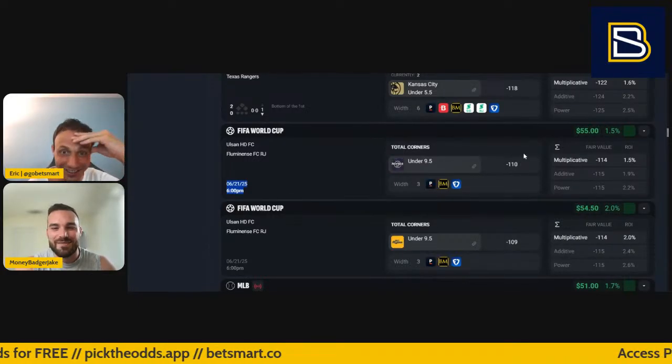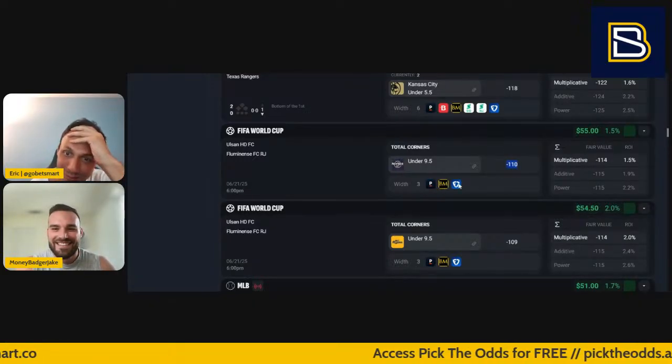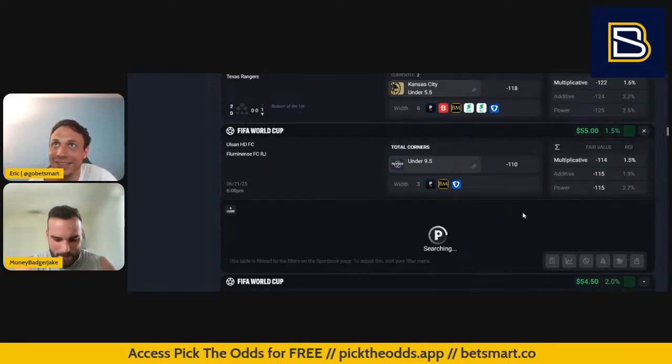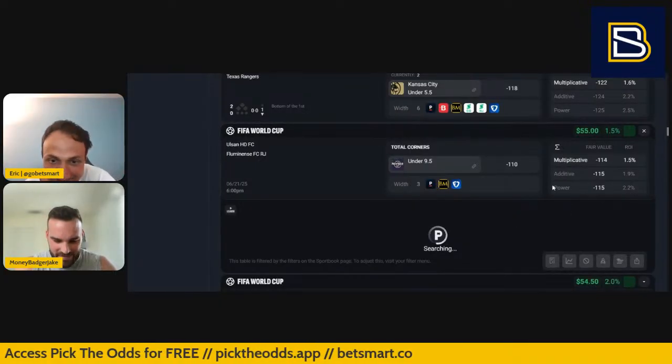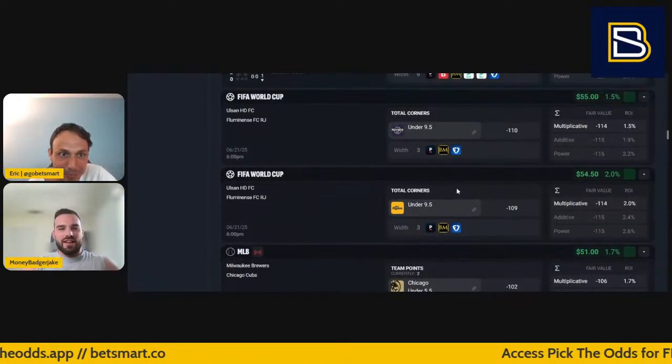Oh, the corner kicks? That's some degenerate shit right there. Under 9.5 minus 110, valued at Bookmaker, Penny and FD. Just putting it out there in case any Hard Rock bettors, yourself included, want to lock in something quick. Want to dabble with some corner kicks?